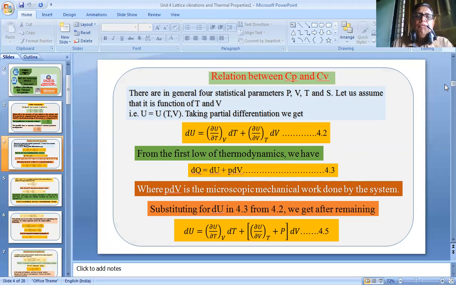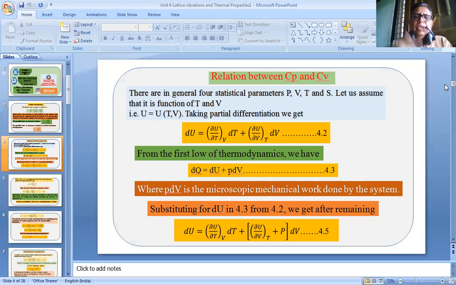From the first law of thermodynamics we have dQ is equal to dU plus PdV, where PdV is the microscopic mechanical work done by the system.